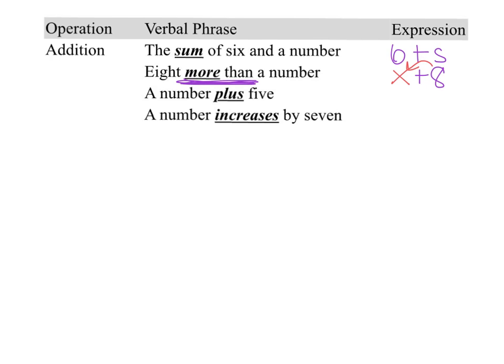Third one. Volunteer. A number plus 5. X plus 5. You guys can pick any variable you want. It can be L or whatever you feel like. And then a number increased, not increases, increased by 7.